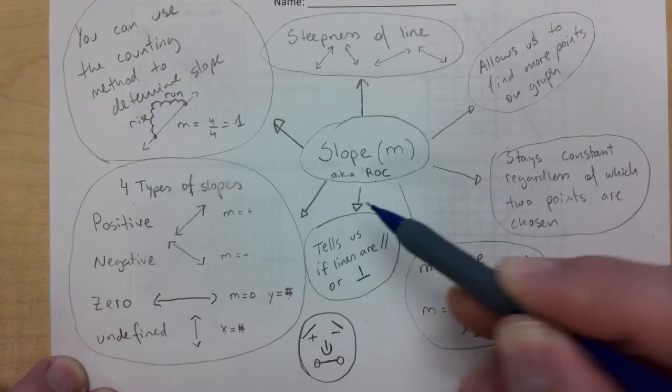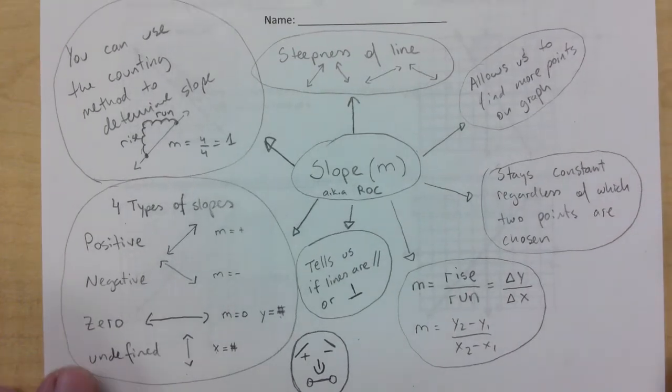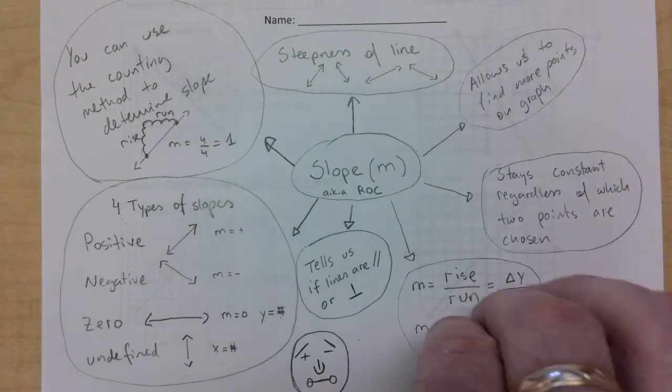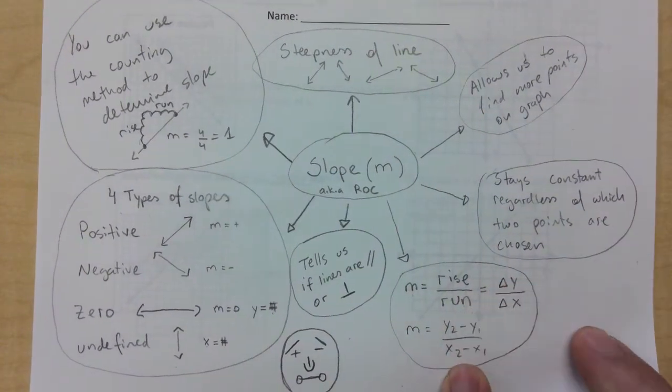I promise that's it, right? I hope you have enough room. If not, just make the bubble somewhere out here and then make the arrow go out to it. And so that's slope. Slope is the center of everything we're doing, but it will show up in other things. So just keep that in mind, okay? All right, let's keep going.